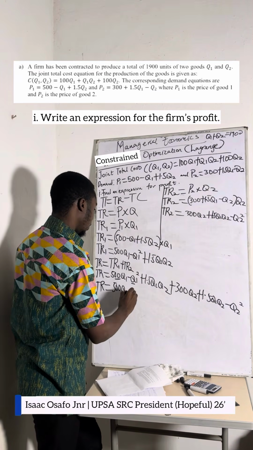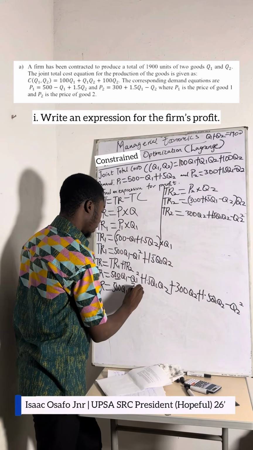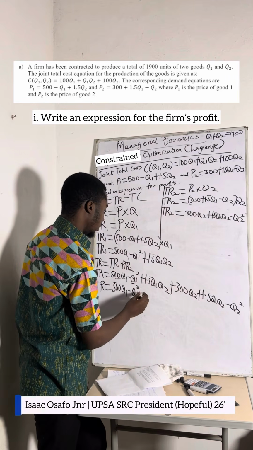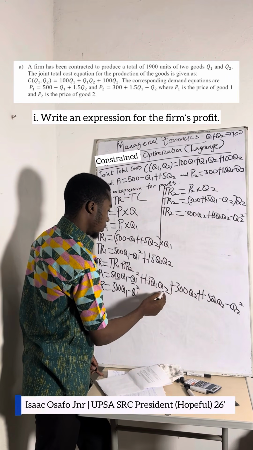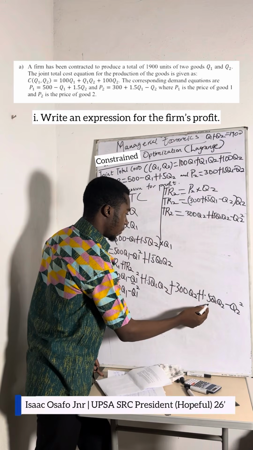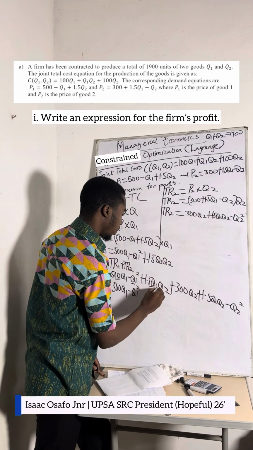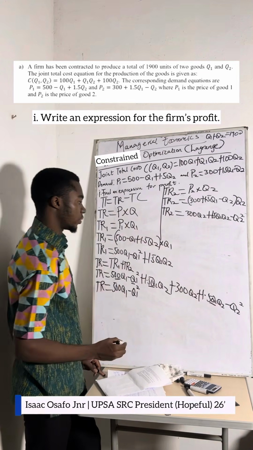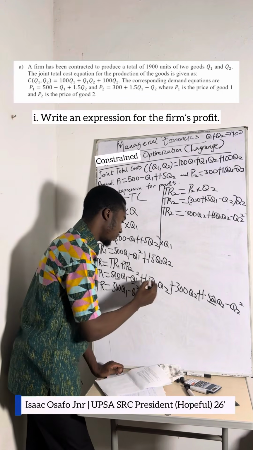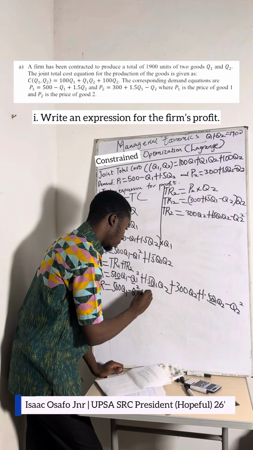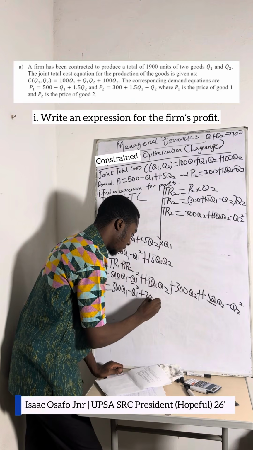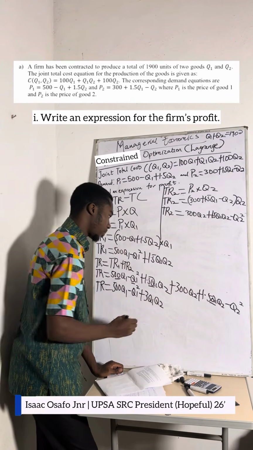There's no other Q1 squared, so minus Q1 squared. Then 1.5 Q1 Q2, and there's also another 1.5 Q1 Q2. 1.5 plus 1.5 gives us 3, so plus 3 Q1 Q2.